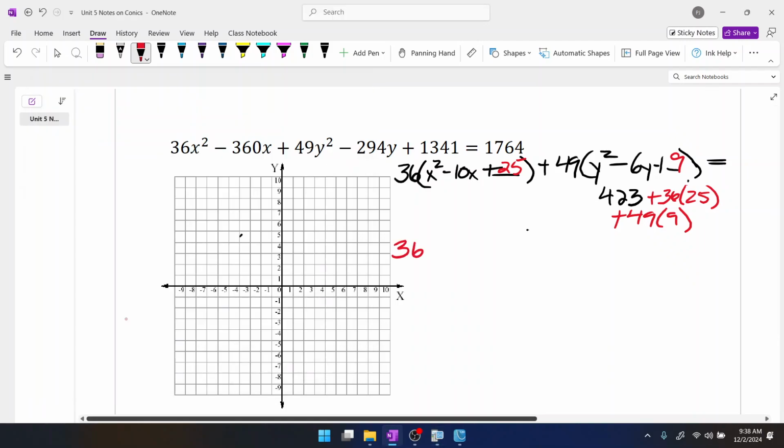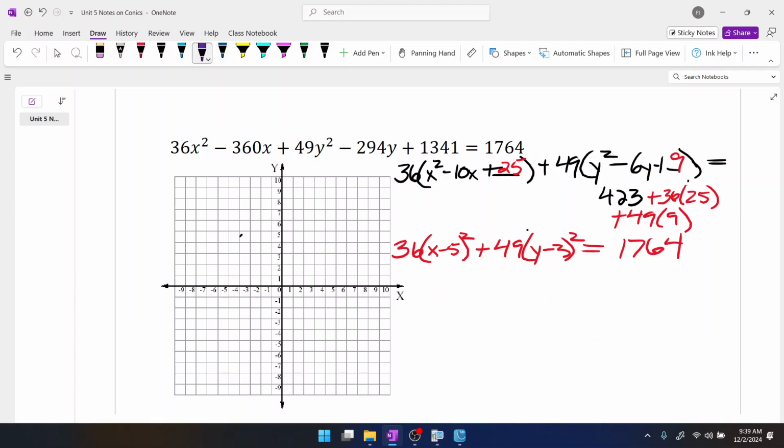So you have 36 times x minus 5 quantity squared plus 49 times y minus 3 squared equals 1764. So we're going to divide out by, you guessed it, 1764.